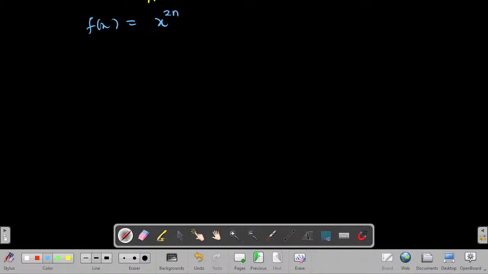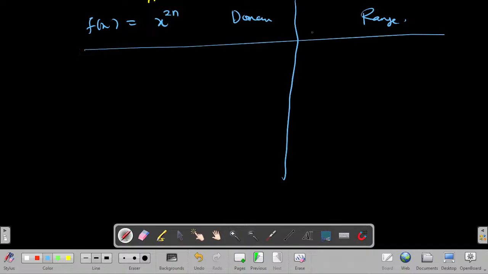You can clearly see that there is no number on x here. So let me draw a table. So this is domain and this is range. So realize that there is no number that when you place it inside x, you are going to get undefined. Therefore, our domain is simply a set of all real numbers.